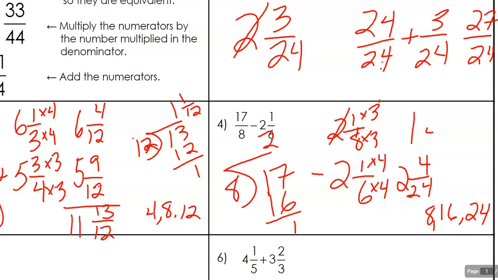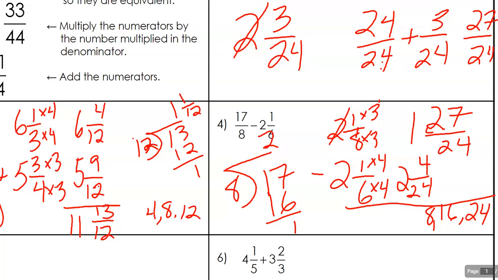Because remember I took a whole from this, and now I have 27 over 24. So this is 27 over 24. So now I can subtract. 27 minus 4 gives me 23. Okay, sorry. This gives me 23.